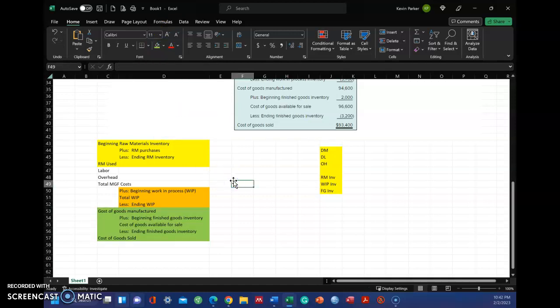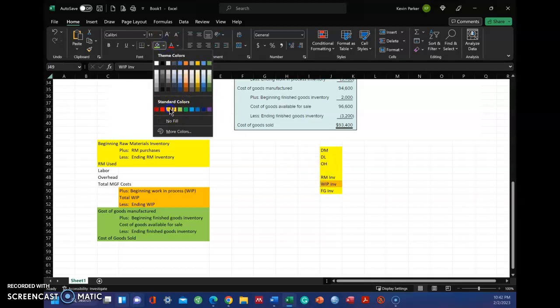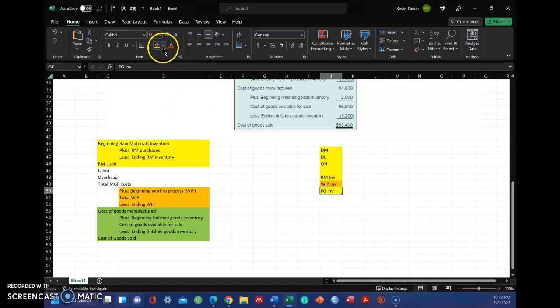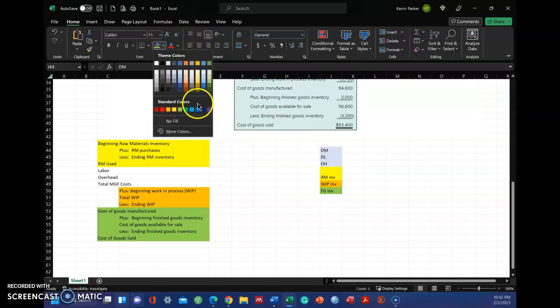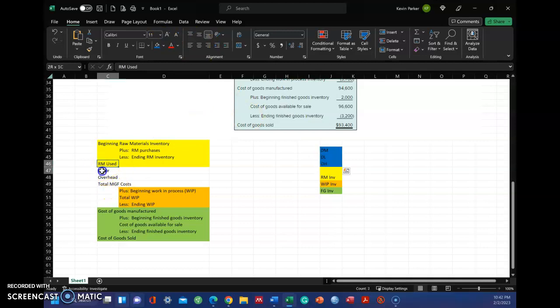So it's all captured here. We've got these three right here: raw materials, work in process, and finished goods. Pretty good. And we've got these three. They're there too. Right there they are. So it's all there and it's tied.